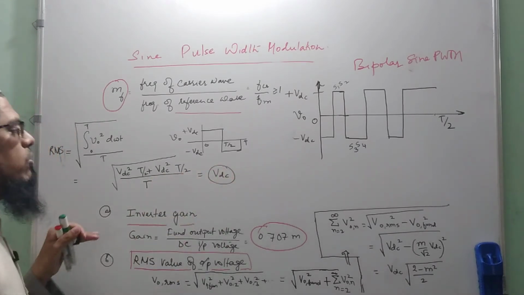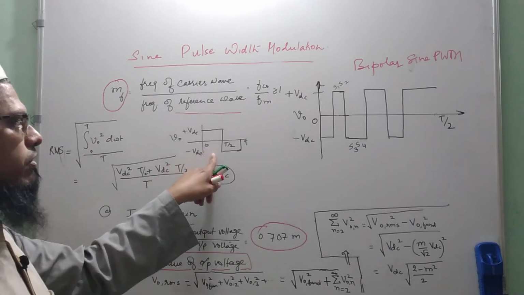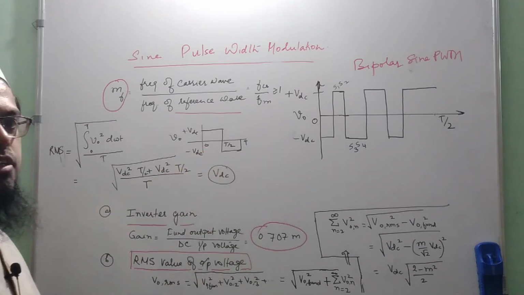So the RMS value of a square wave is given by VDC.